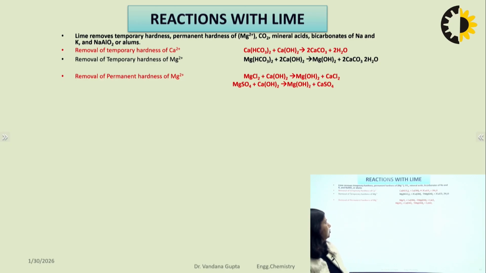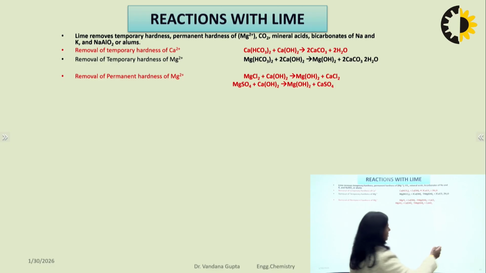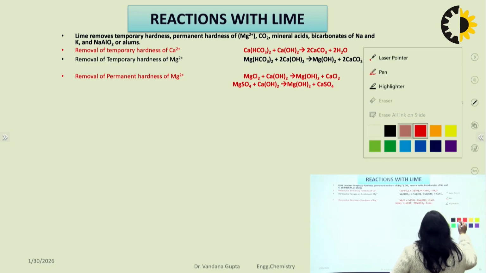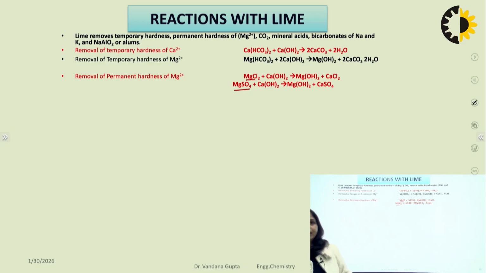Lime can remove permanent hardness of magnesium. Permanent hardness of magnesium can be caused by magnesium salts, that is magnesium chloride, magnesium sulfate, etc. When these salts react with lime, they form magnesium hydroxide.